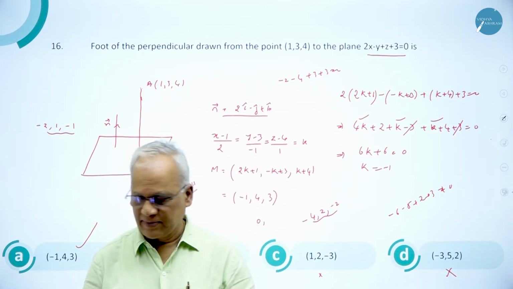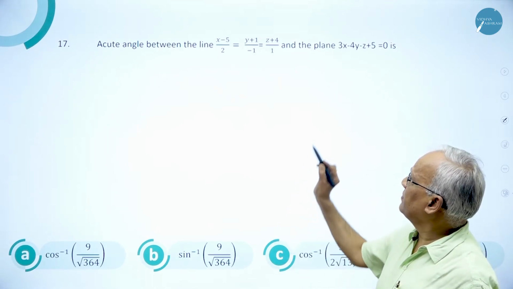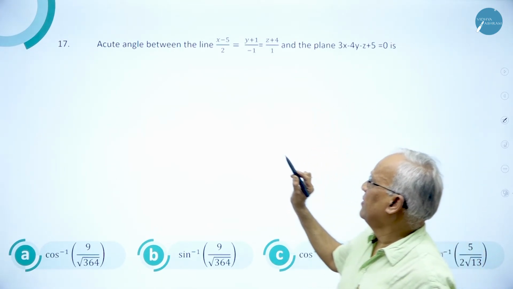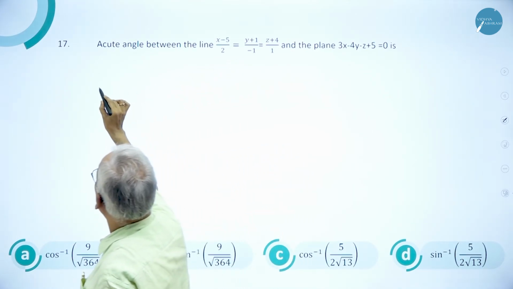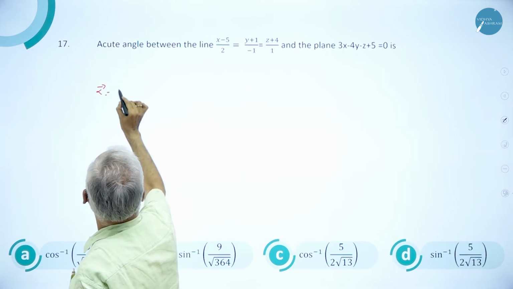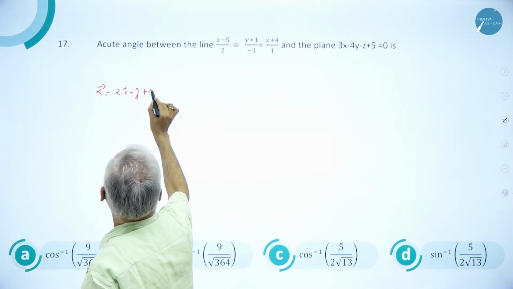Okay. Yes. So question number 17. The acute angle between the line and the plane. So vector in the direction of the line is alpha equal to 2i minus j plus k.